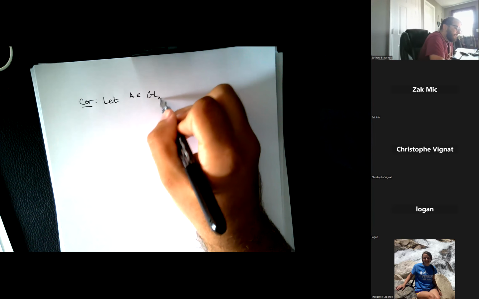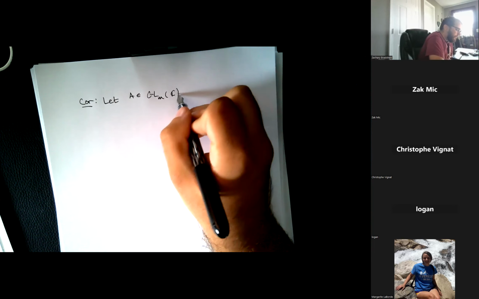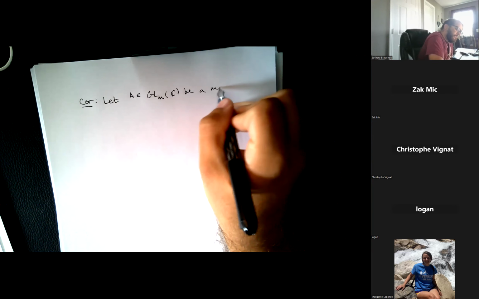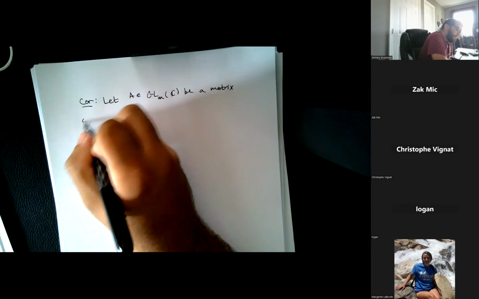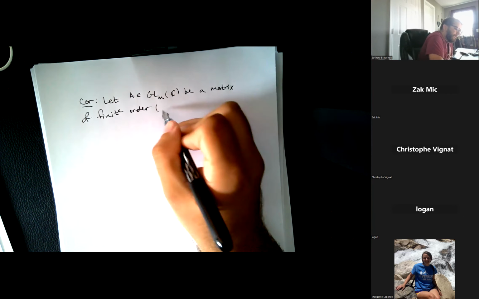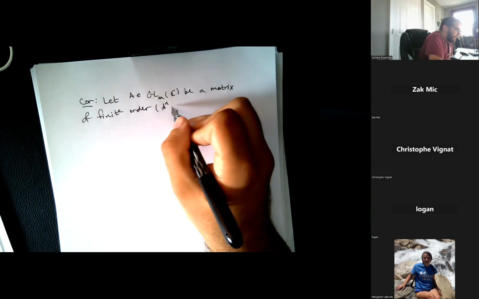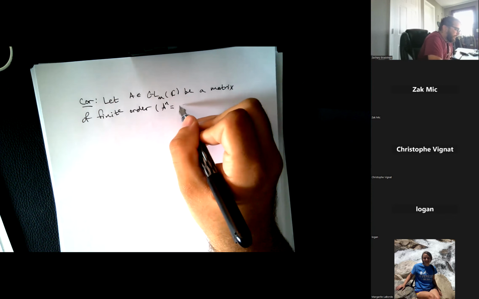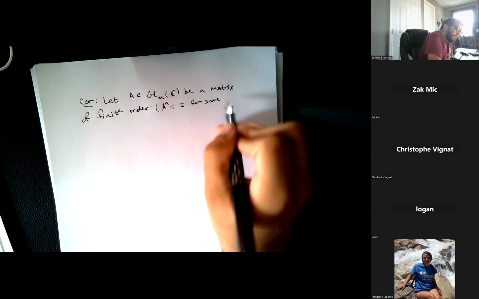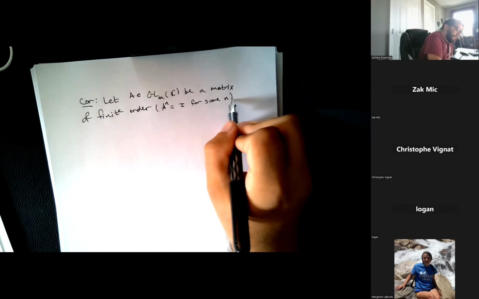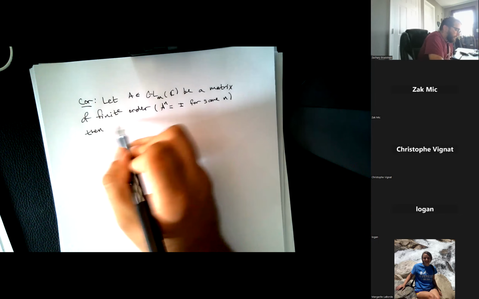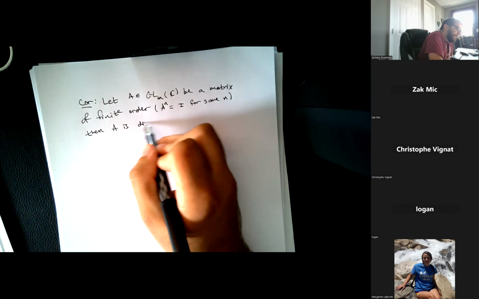If you have an m by m matrix A of finite order, which just means that A to the n is equal to I for some n, then A is diagonalizable.